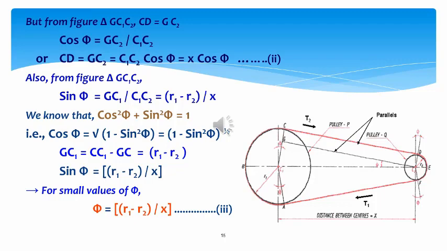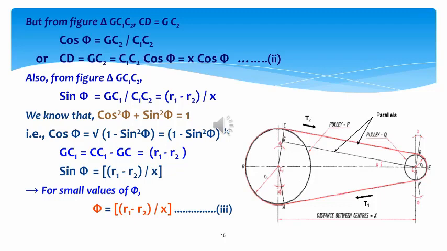We know that cos square phi plus sin square phi is equal to 1, or cos phi is equal to root of 1 minus sin square phi, that is nothing but (1 minus sin square phi) whole to the power half.